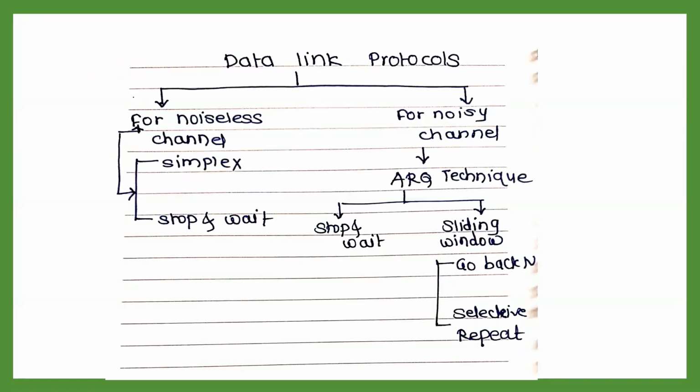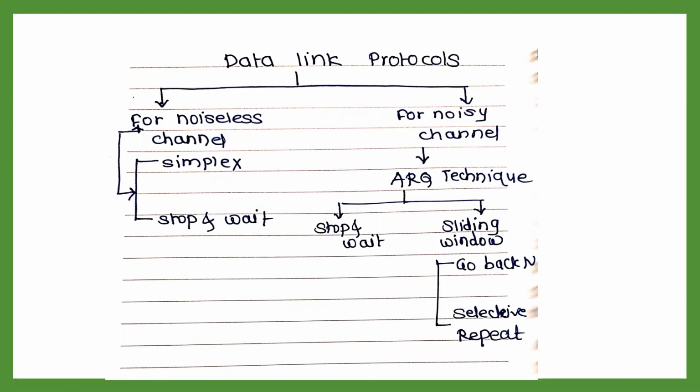Now, the protocols present in the data link layer are broadly categorized into two parts: one for noiseless channels and another for noisy channels. In a noiseless channel, we are considering that there will not be any error or noise in the transmission between the sender and the receiver.